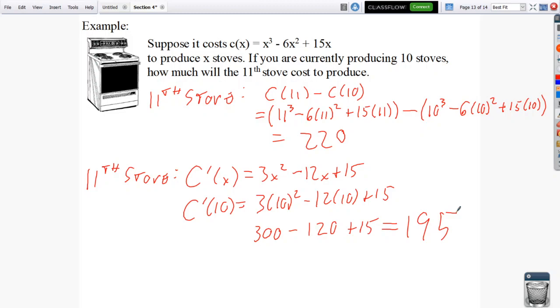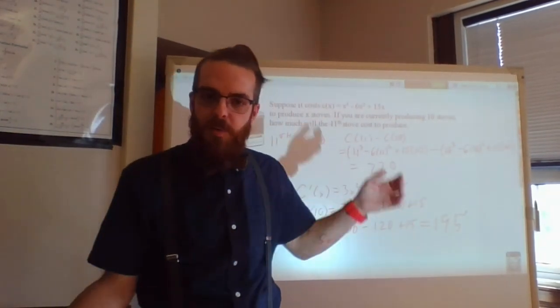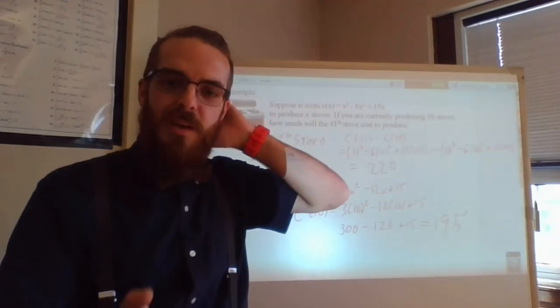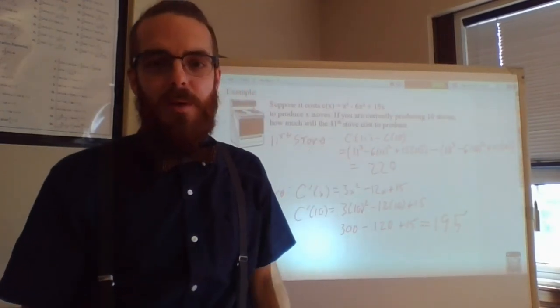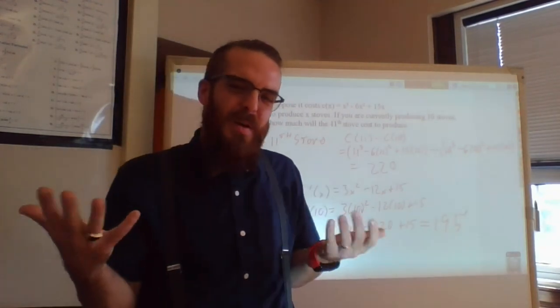Now I know you're saying 195 and 220 units of monetary value are not exactly the same thing, but here you're talking about producing massive numbers of stoves. So saying it's about $200 is in the right ballpark. The marginal cost doesn't give you the exact cost it takes to make one more unit, but it gives you about the right cost.